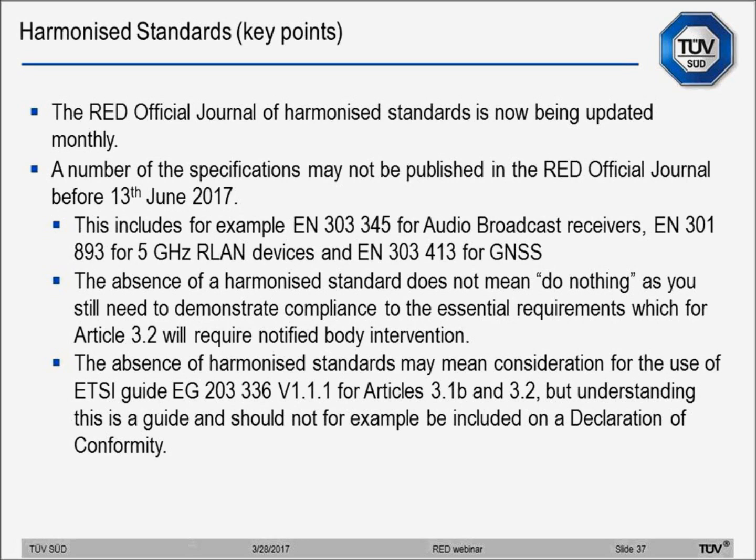Unfortunately, this includes, for example, EN 303-345 for audio broadcast receivers, EN 301893 for 5 GHz RLAN devices, and EN 303413 for GNSS. You need to remember that the absence of harmonized standards does not mean do nothing. You still need to demonstrate compliance to the essential requirements, which for Article 3.2 will require notified body intervention.